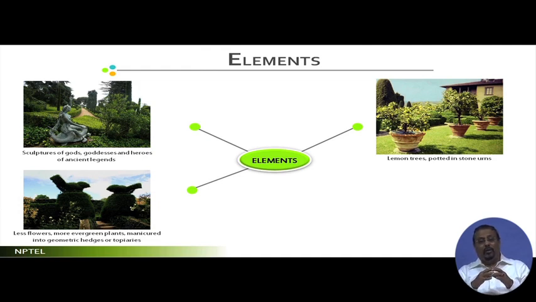The wire mesh is given a shape of an animal, and then at the base they start planting creepers, and they let the creepers follow the surface of this wire mesh. And over a period of time, these creepers, properly maintained, properly trimmed, pruned, start covering the whole wire mesh and ultimately take the shape of these animals.